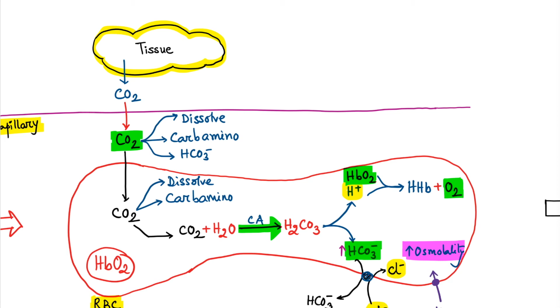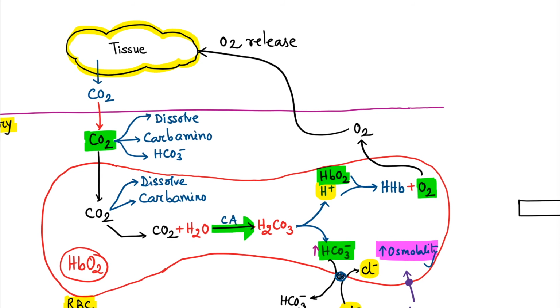Now this oxygen, being a gaseous molecule, will easily penetrate the RBC membrane first, and then it will penetrate the capillary endothelium and will be delivered at the level of tissue. So this is oxygen release at the level of tissue. So what we are finding here, look carefully. If the carbon dioxide content of the blood increases, oxygen release occurs at the level of tissue.